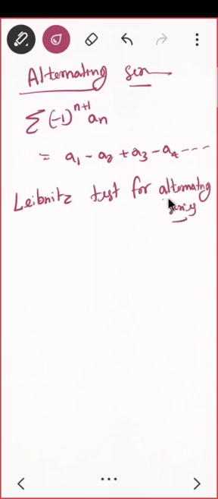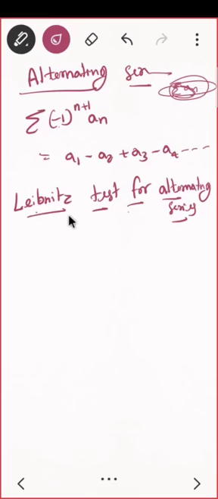Okay. I hope you understand that. Whenever you are not having (minus 1) raised to n plus 1, if you have just summation of a_n, you have many tests to do. And if you have an alternating series, then only one test, that is Leibniz test for alternating series.